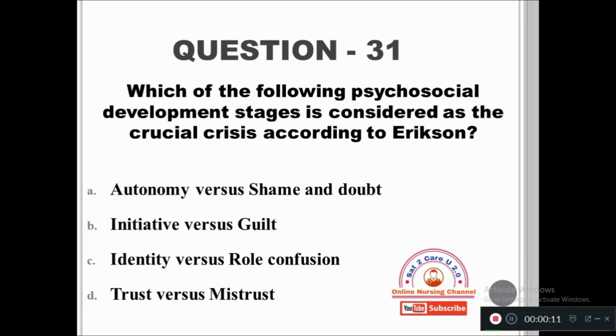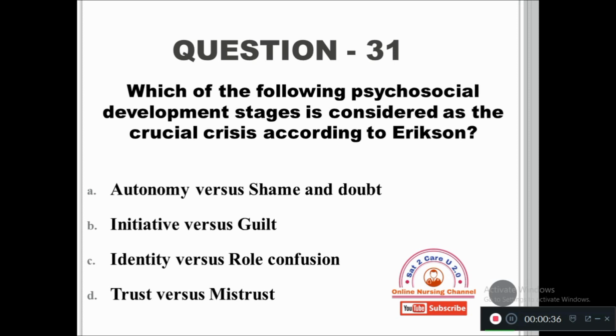Let's see the question number 31. Which of the following psychosocial development stages is considered as the crucial crisis according to Erickson? Option A, autonomy versus shame and doubt. B, initiative versus guilt. C, identity versus role confusion. D, trust versus mistrust.